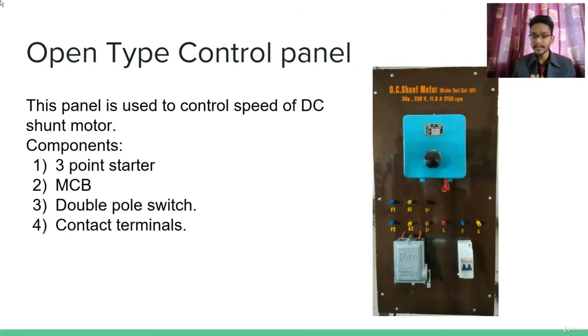Hence it is located in a place where there is very little possibility of failure of these components because of environmental conditions, such as inside certain substations or inside the control rooms of different industries. This panel has all the components listed like this: a 3-point starter, MCB, double pole switch, and contact terminals located outside the box of the terminals. Hence, its name stands for open type of control panel.